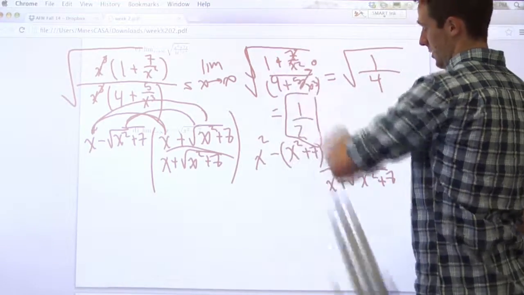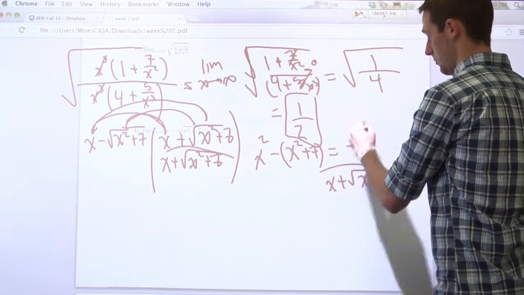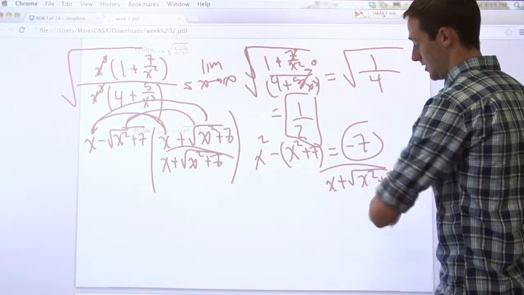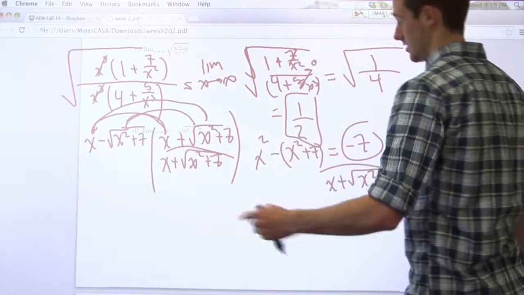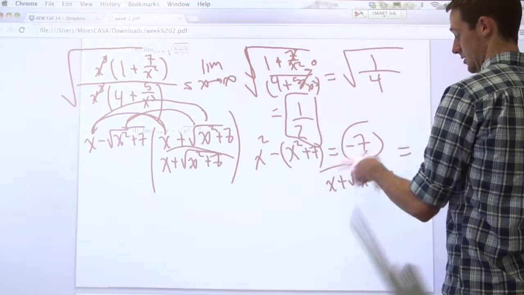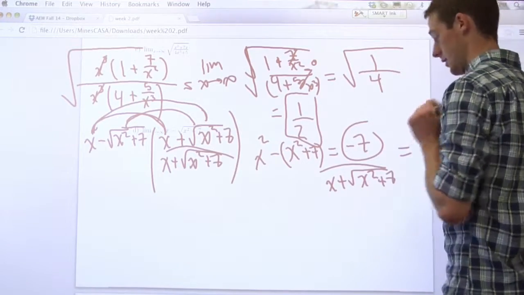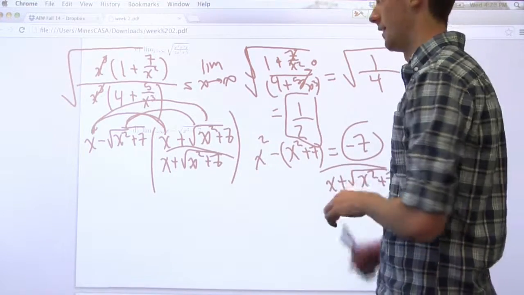Same principles apply up here: if we've got some number, which is negative 7, divided by something really large, that's going to give me 0. So as x goes to infinity, this whole thing goes to 0. And that's it for this week.